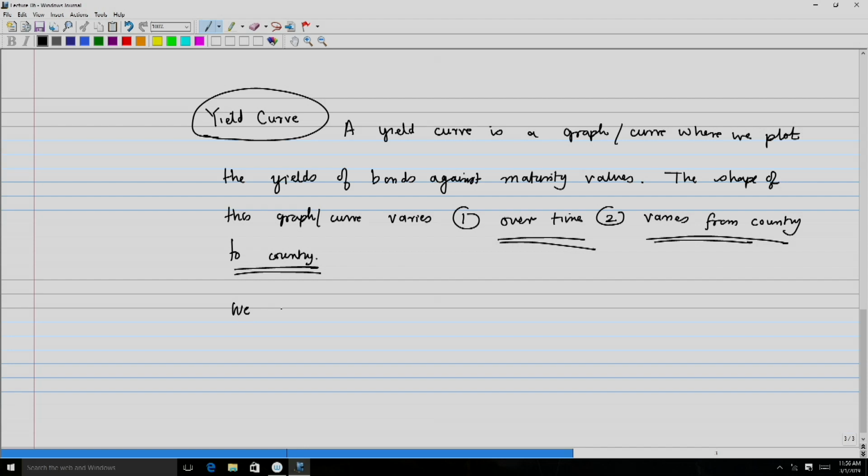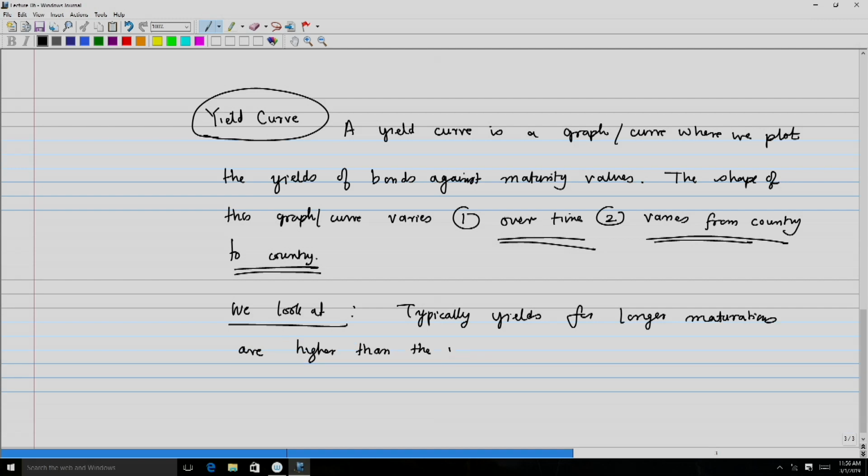So, then we look at the following observation, that typically yields for longer maturities, that means long term bonds, are higher than the yields for shorter maturities.